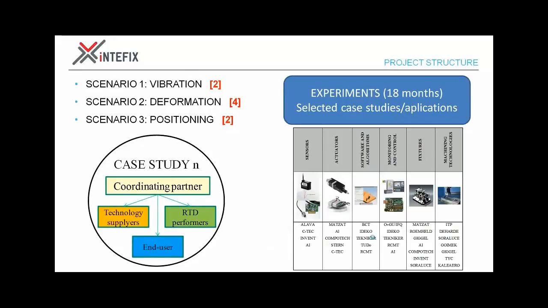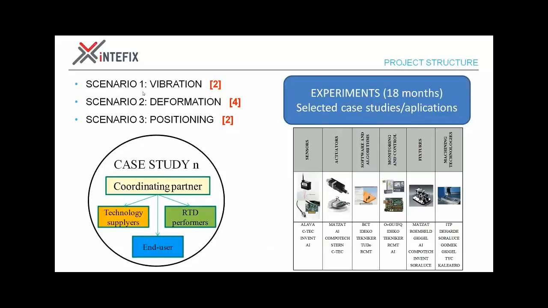Okay, so I will start here with the project structure. This is related to how the project is arranged right now, and this is arranged in experiments or case studies. So we have the three problems related to machining, and each problem defines a scenario.